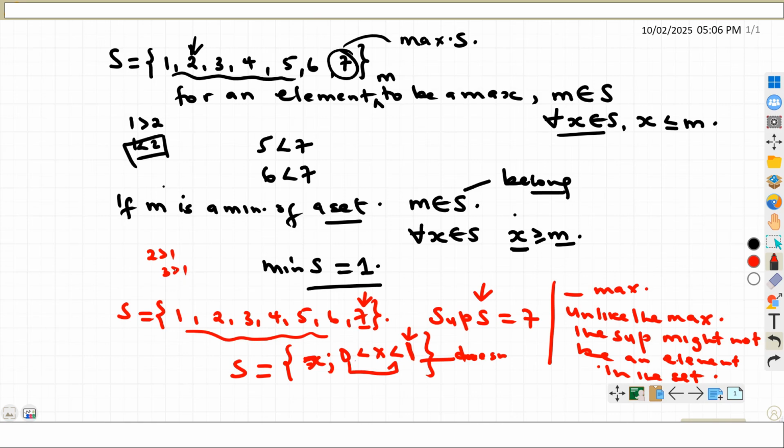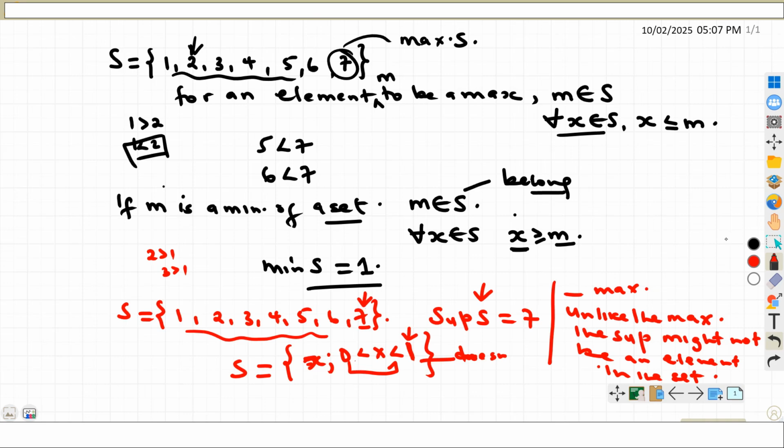So 1 is the value for which all these numbers here are greater or equal to. So 1 qualifies to be called the infimum of this given set. And we have seen that the infimum of the set is actually the minimum of the set. And we saw it is also the supremum of the set, and also qualifies to be the maximum of the set.